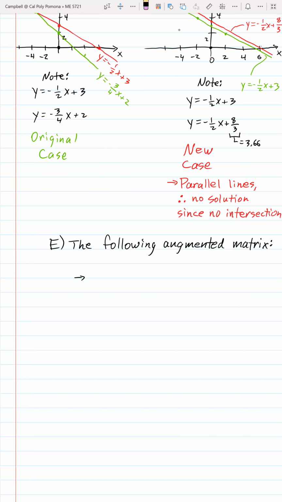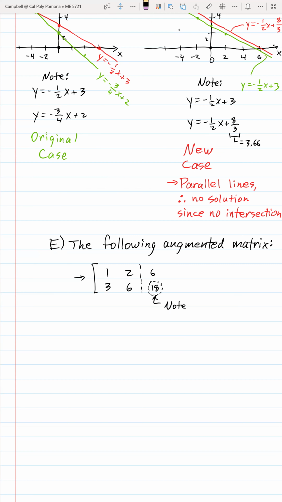So here's our augmented matrix: 1, 2, 3, 6. Okay, so I'm going to hold on to the coefficient matrix from part D. Now let's go ahead and change the constant vector.